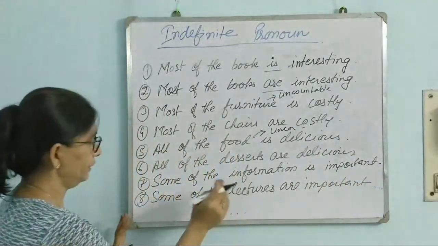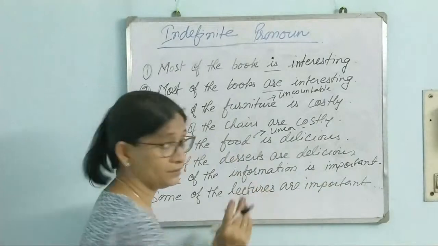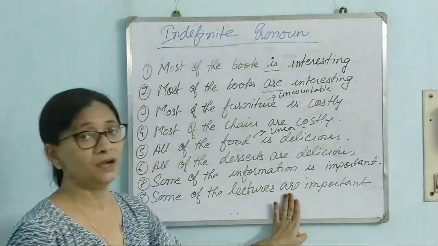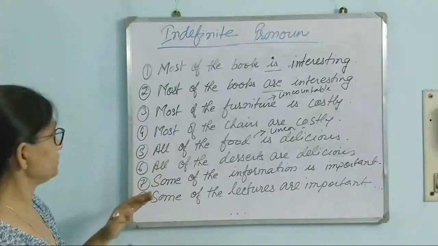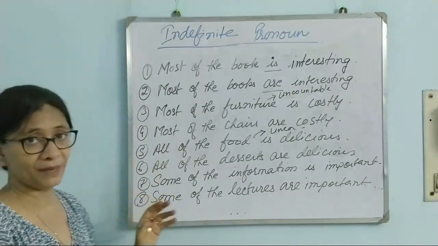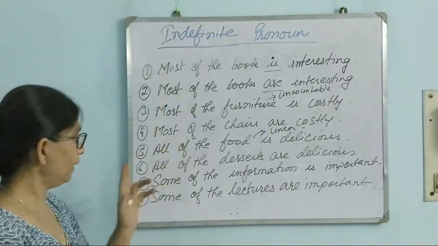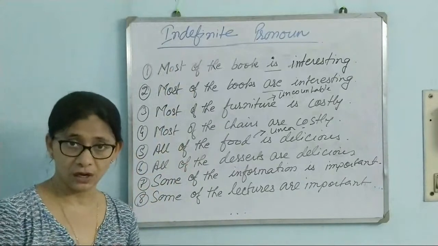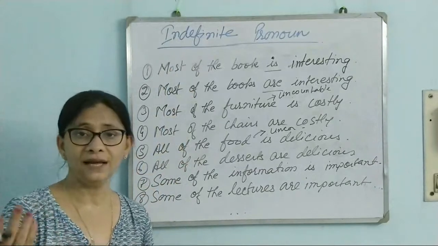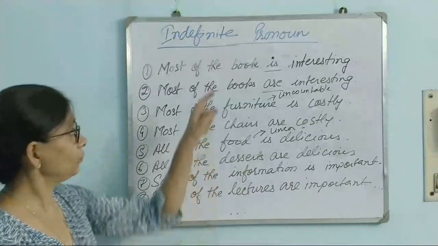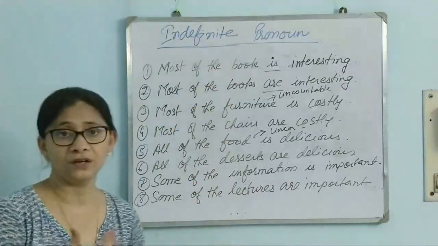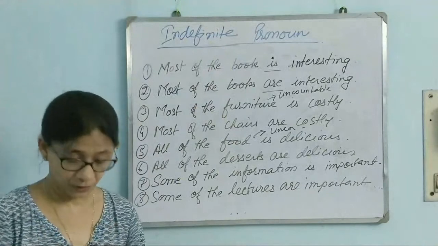So here some of the lectures it is plural, so we are using are. So that is what to show this example, my dear students. Most, all and some, these are indefinite pronoun and they can be used at times as singular number, at times as plural number. It depends on what kind of nouns we are using them with.